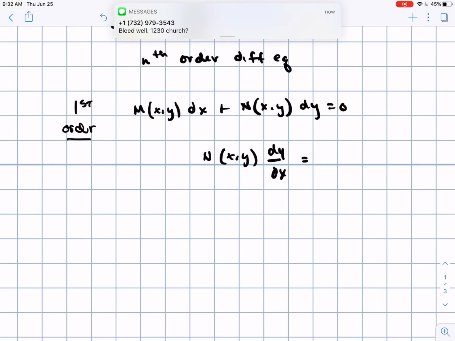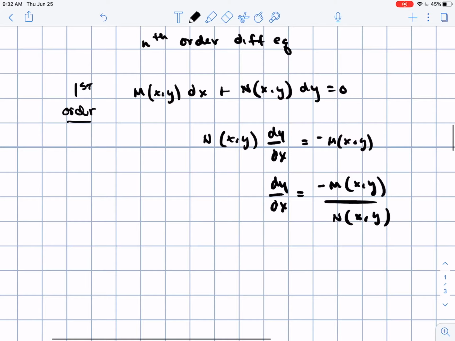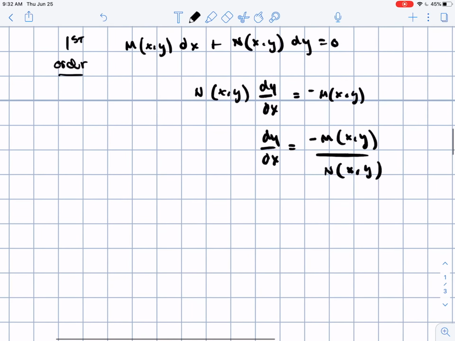Say we go like that, equals, you could do something like this. Okay, and then you still have your first order would be some function that looked like this. Remember, M and N are just functions of x and y, so you could still get it into that first order look.